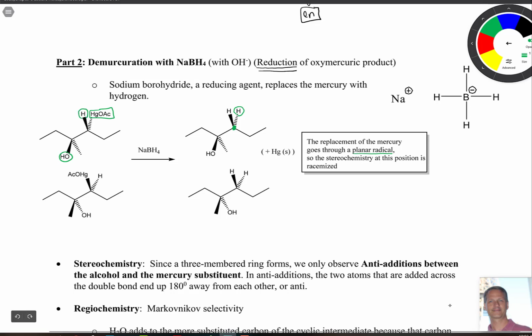So if you replace the other atom with an H, then this becomes chiral. If it is chiral, then you would get this product with the OH here with an H on a wedge and dash. So this would become two products, right? Same thing down below here. You have your HgOAc, kind of going off to the left here, but that's replaced with an H. Now, because it's a radical, it could be either one of these guys. But again, it turns out to not be a huge issue as we go through this.